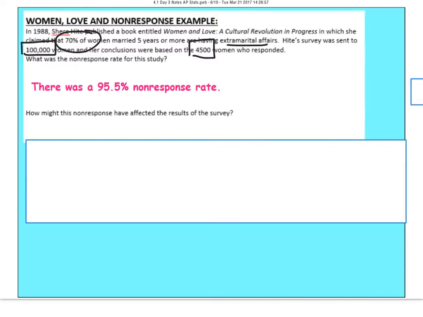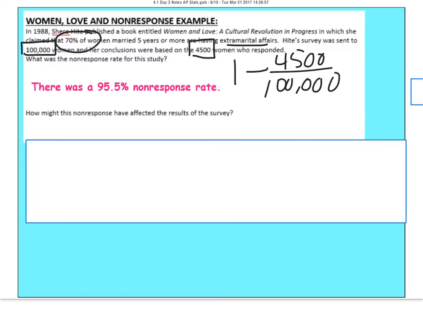So the non-response rate is going to be the difference on here. We're just going to take 100% less the 4,500 out of the 100,000, and that's actually going to give us a 95.5% non-response rate. Well, how might this non-response rate affect the results of this study?